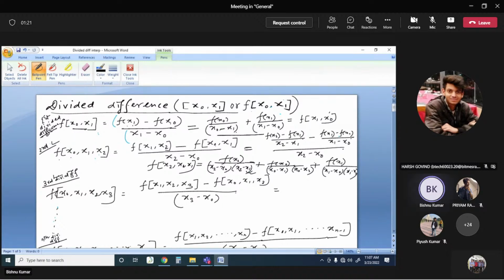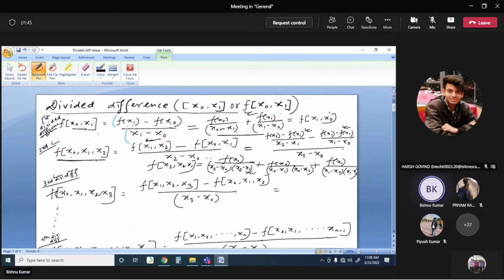So for three values, if you rearrange, its difference will be the first divided difference of x1 x2 minus the first divided difference of x0 x1, by x2 minus x0. You can write this in this form, and below it is x2 minus x0.